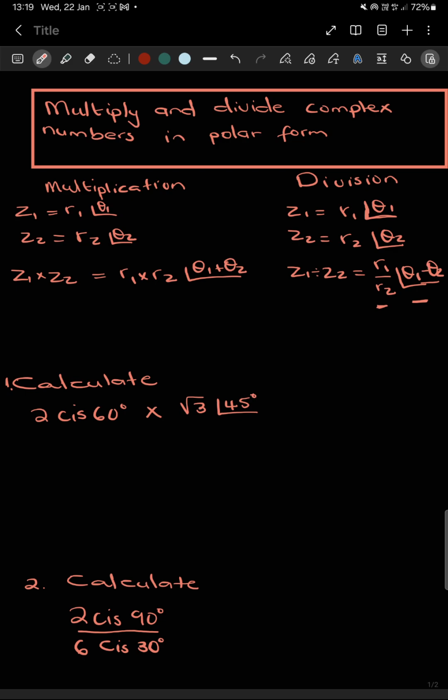Going straight into an example. Calculate 2 cis 60 times root 3 cis 45. Same thing, both in polar form. So what am I going to do? I am going to multiply my moduli, and for cis, I am going to add my arguments.